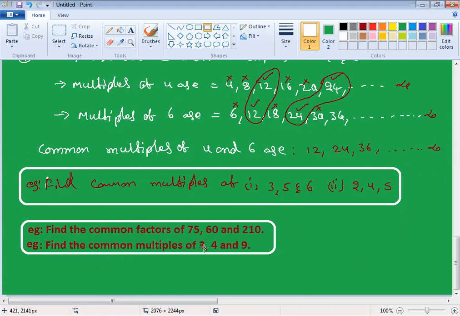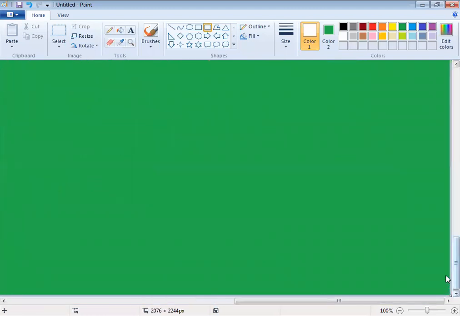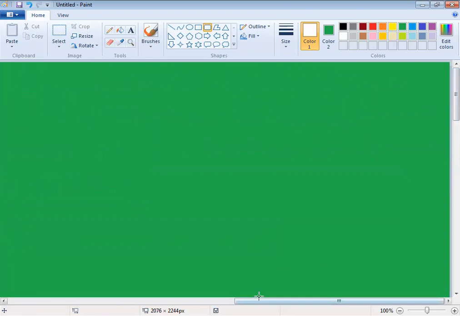But when you are finding the common multiples, try to take small numbers. Why? Because you will get big numbers when you are writing multiples. So that's why for common factors, big numbers; for common multiples, small numbers. But no problem. For some small numbers also you will get very high multiples. Why? Because multiples are always infinite. Factors are only finite. That's why. Okay.